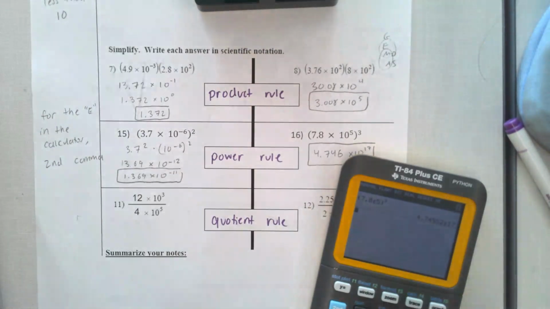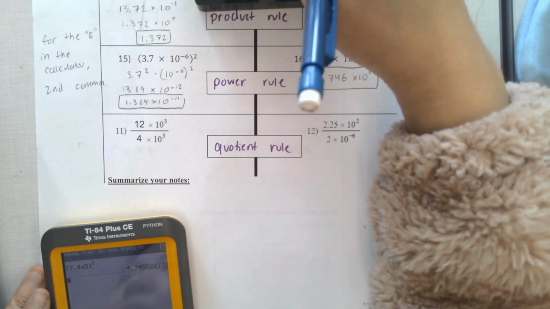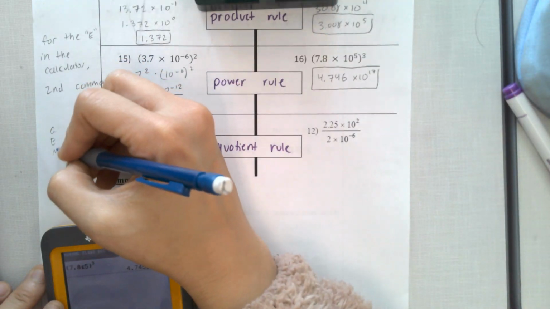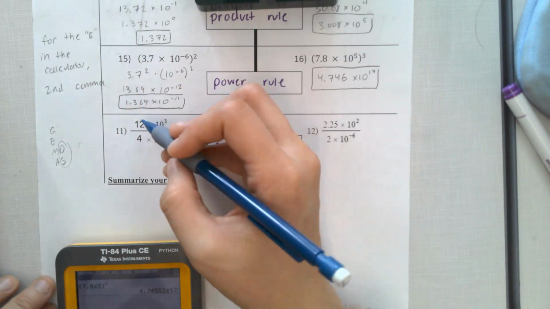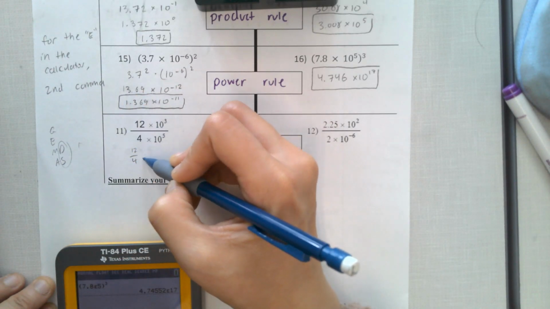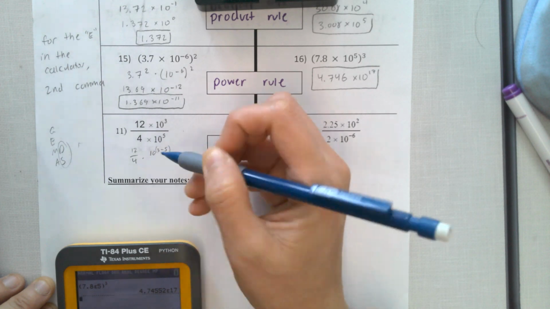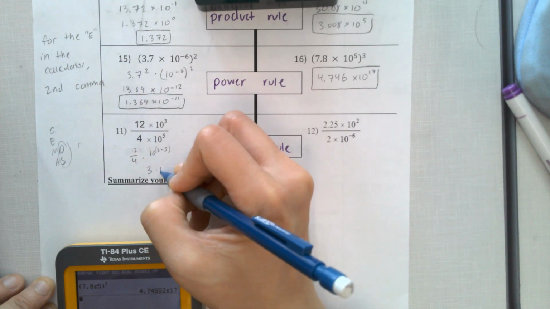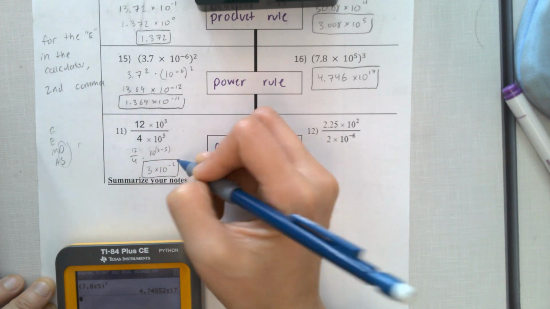All right, and now we have quotient rule. So remember when we're doing quotient rule with GEMDAS, right, we're trying to divide, so we subtract. So first we do 12 over 4 times 10 to the 3 minus 5, right? So you have 3 times 10 to the negative 2. That's already in scientific notation, we're done.